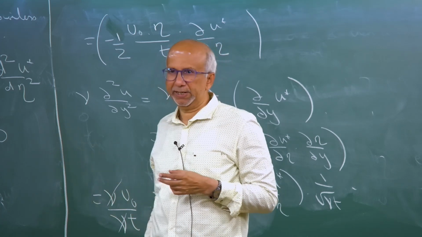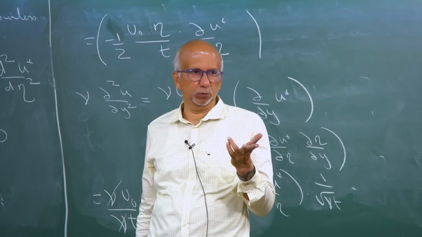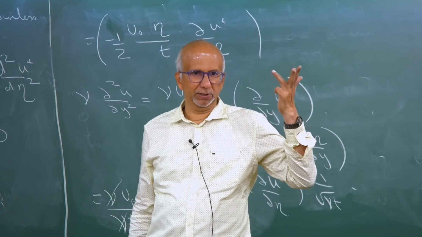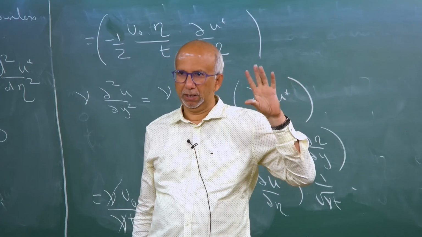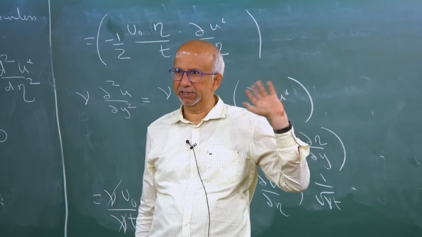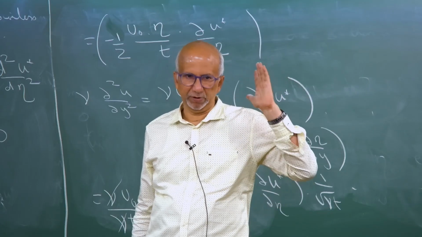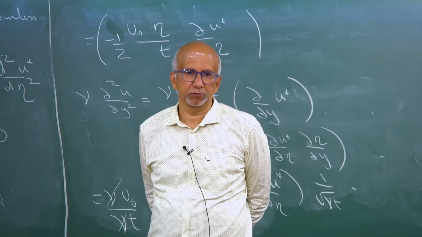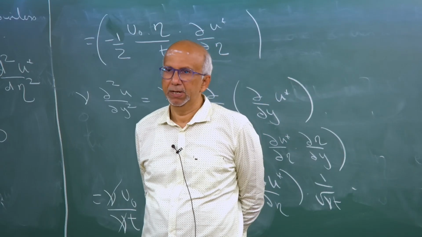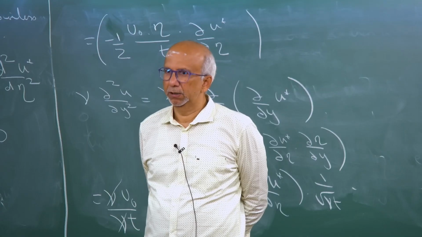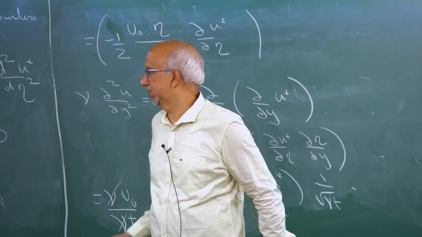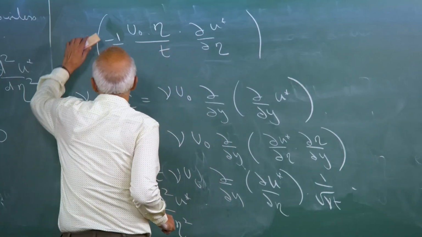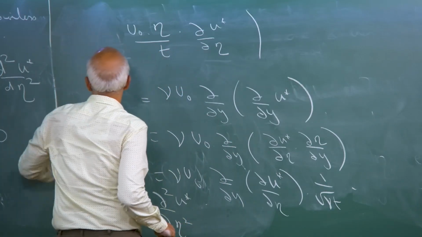Original problem had 3 conditions, so it looks like I had an extra condition to begin with, because I had 1 initial condition and 2 boundary conditions. But this problem needs only 2. So, what are these conditions is what we have to look at. How do I manage this?